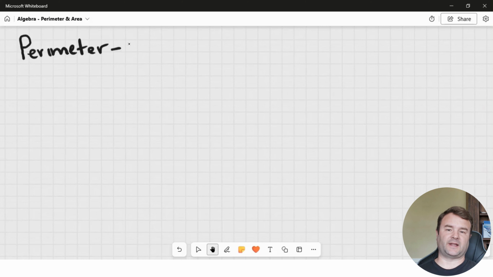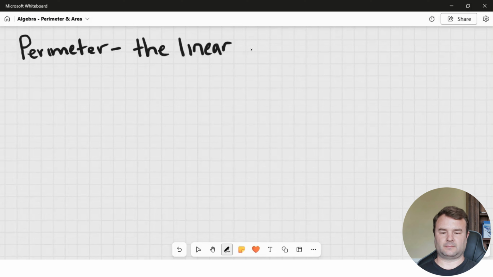Here, we're going to define it as the linear distance around a figure or shape. And in a little bit, you'll understand why I'm saying linear. So perimeter is the linear distance around a figure or shape.